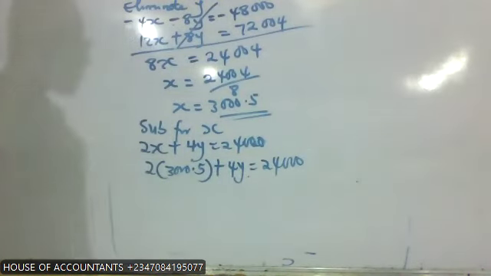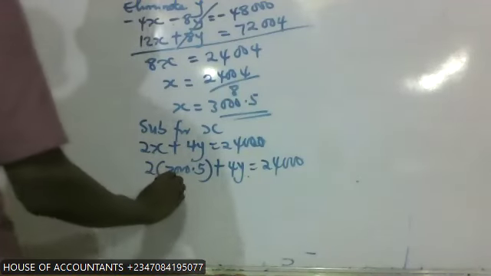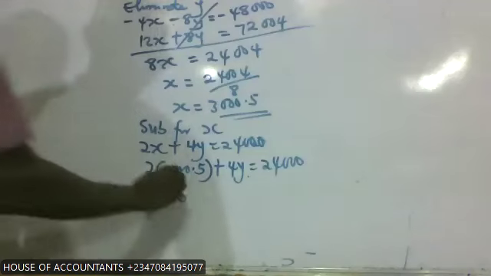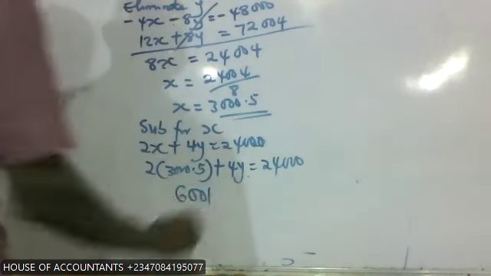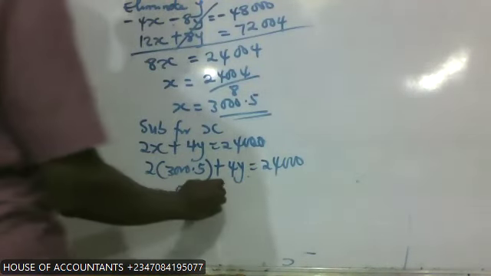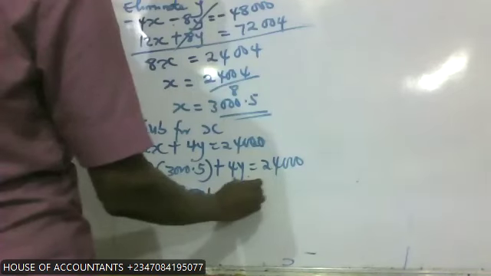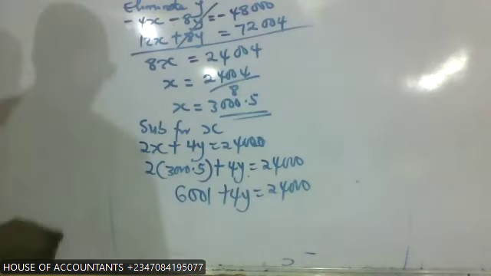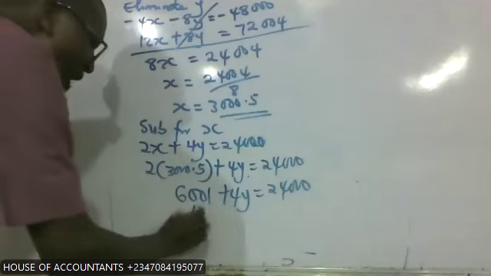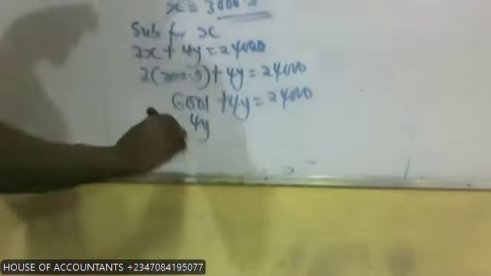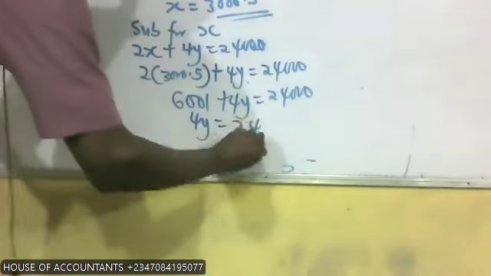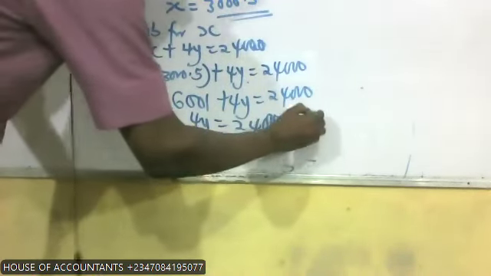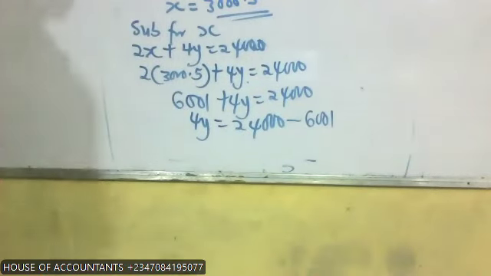This times this is 6,000. 6,001 like this, plus 4y equals 24,000. Am I right? So it means 4y equals 24,000 minus 6,001. Am I right? Yes.